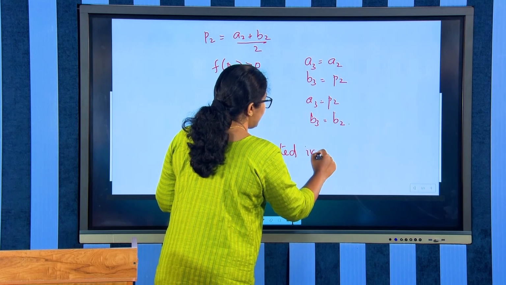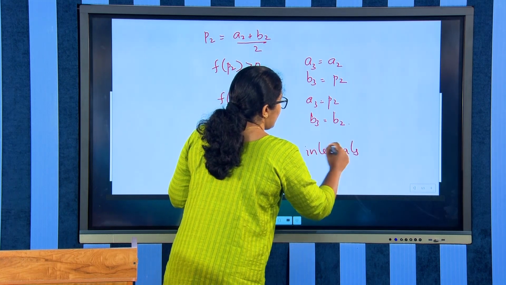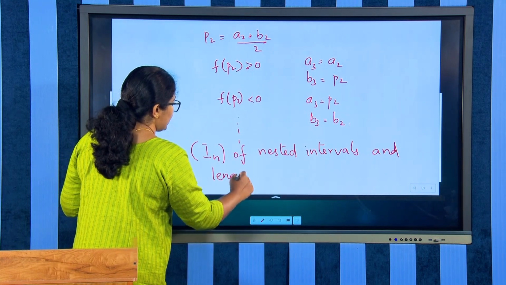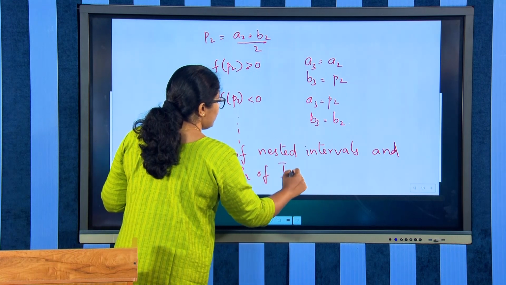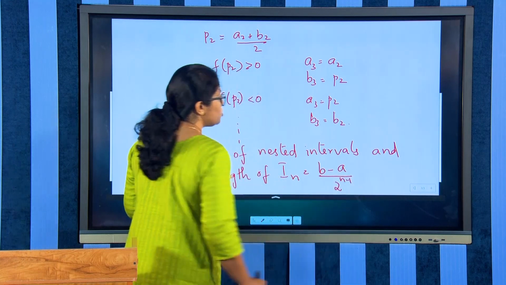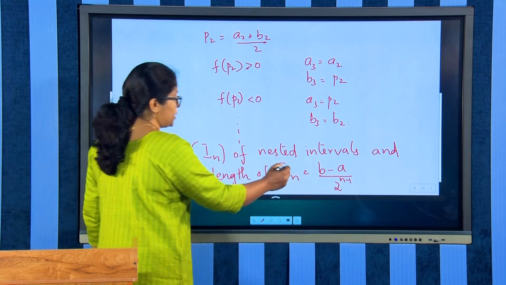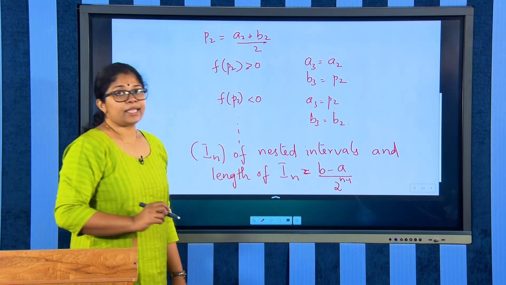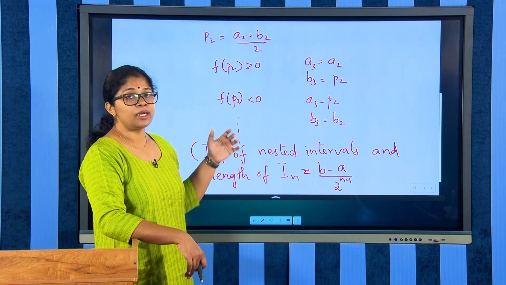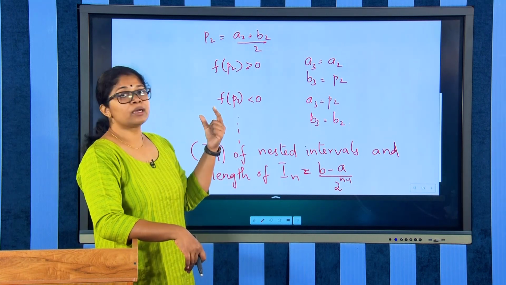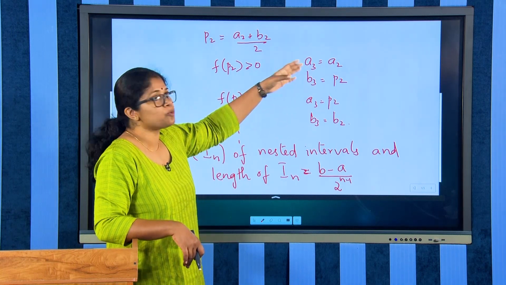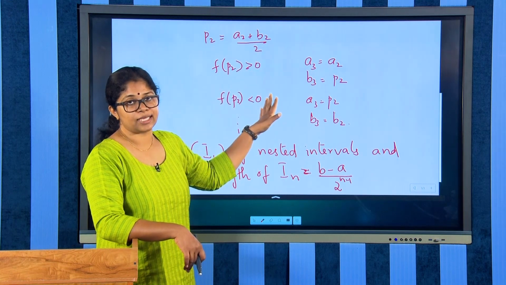So nested intervals, and the length of In becomes exactly equal to (B minus A) by 2 power n, or 2 power n minus 1, we can write. So this is the length of each In, and we have started with In to be closed bounded intervals, and we have restricted the points to be a point on the interval itself.